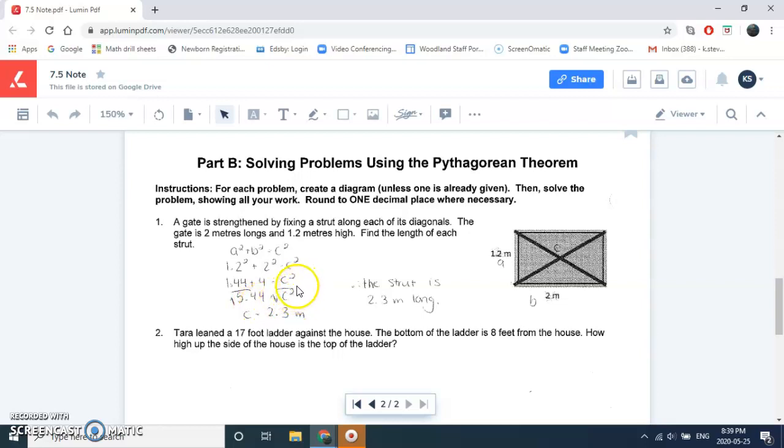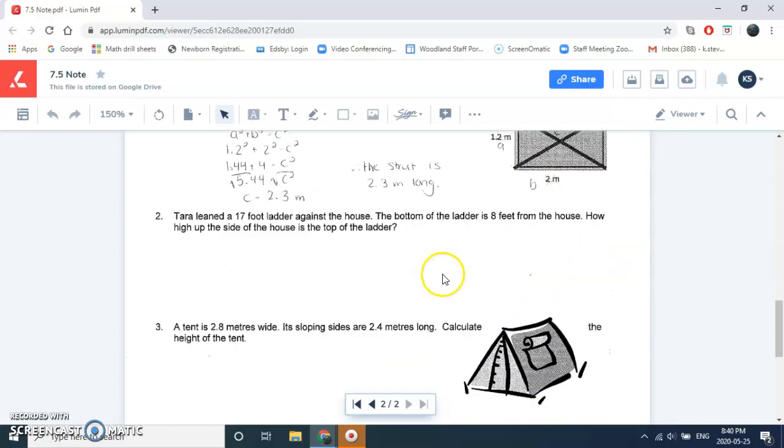That's to get rid of this little 2. We're just cutting it down to just the one side from a whole square. So we need to do the square root of 5.44, and C will then equal 2.3 meters long. Therefore, the strut is 2.3 meters long. That's what we need to do in order to strengthen our gate.